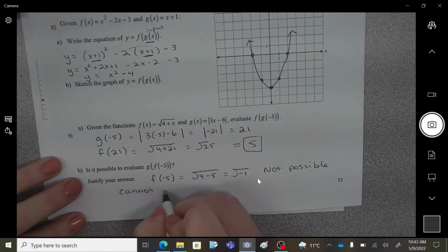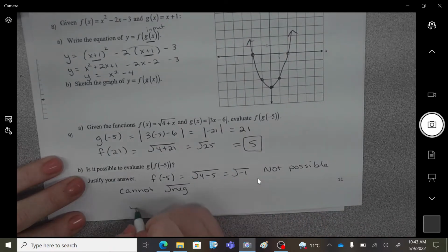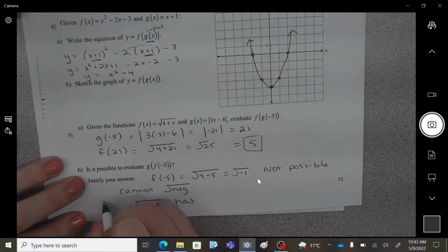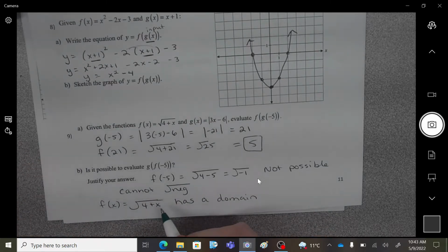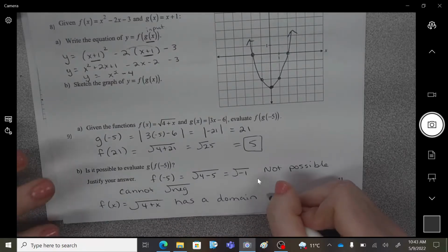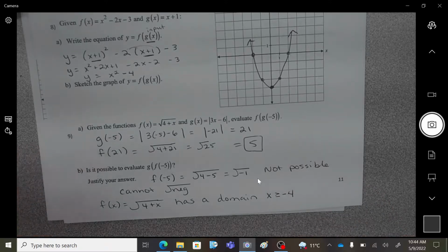We cannot square root a negative, or this function has a domain. The domain is you have to be bigger or equal to -4.